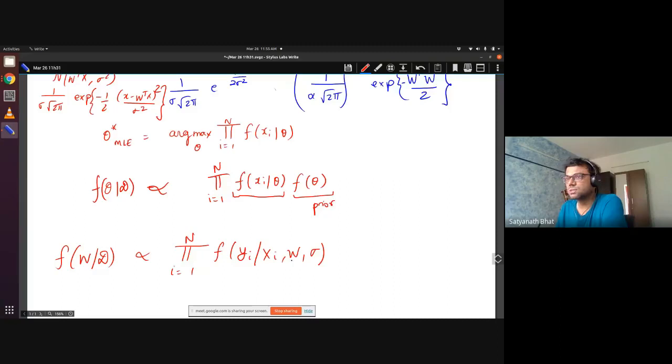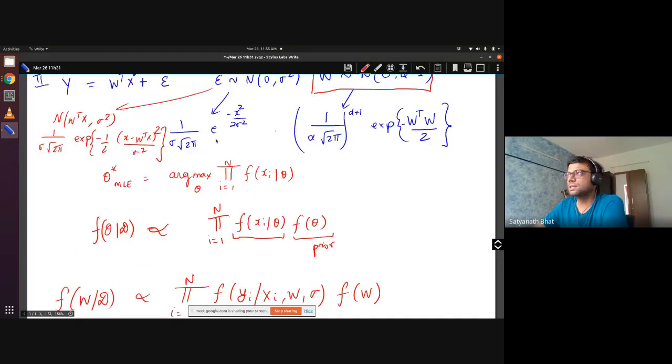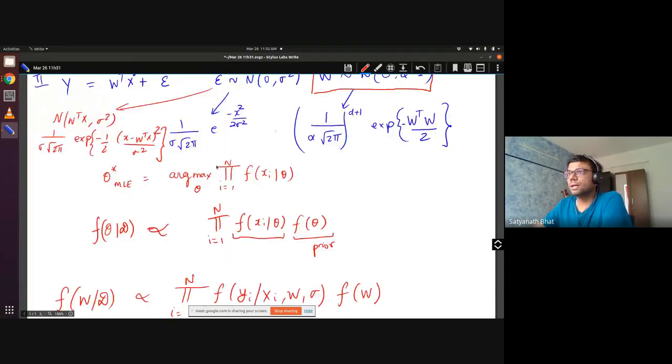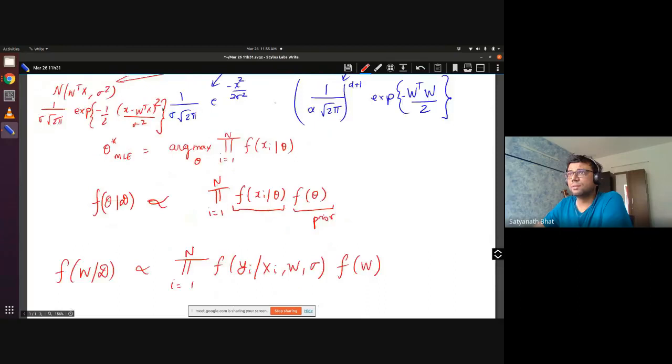But now, since we are computing the posterior first, there will be an f of W involved. So f of W is over here. When you do all of this, each of these is given by this formula. So let me write that.